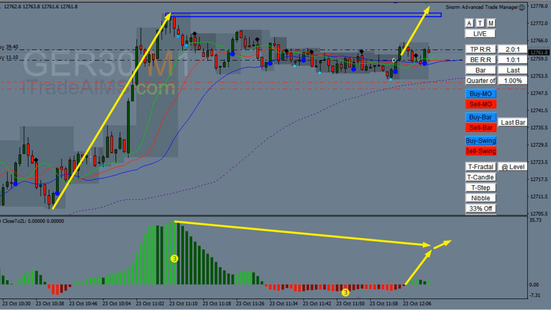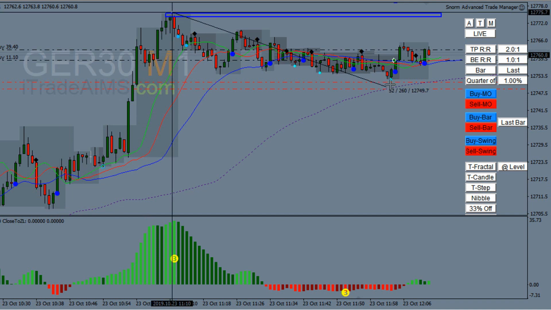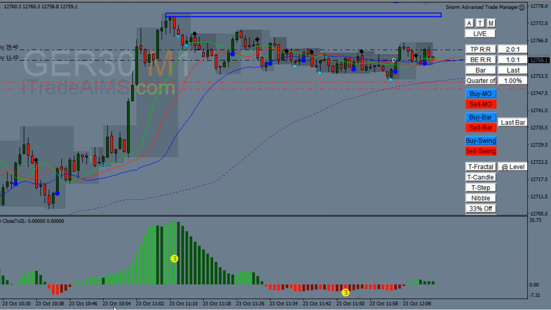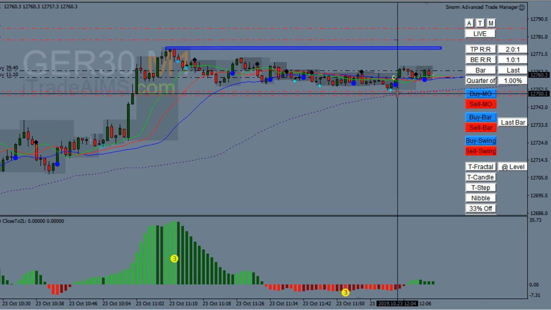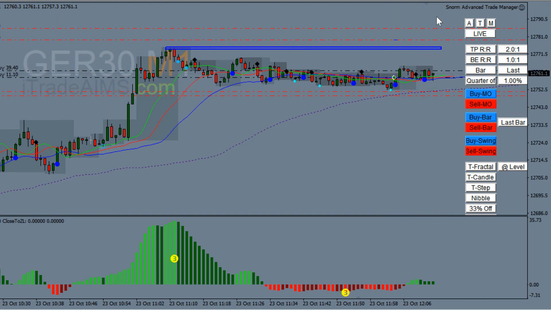So if this one has moved 67 points and now it has come back by 23, then it's going to be around 60% of that, so it's going to move 40 points up from this point, and it's going to come around here.